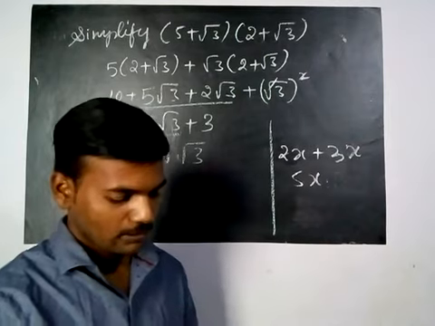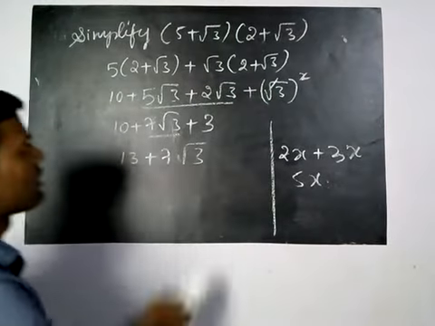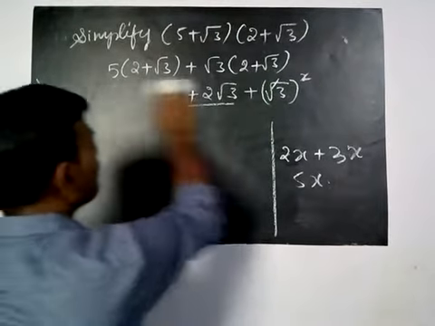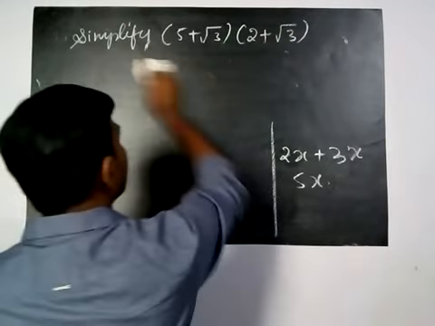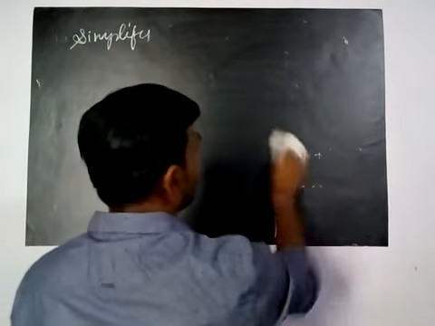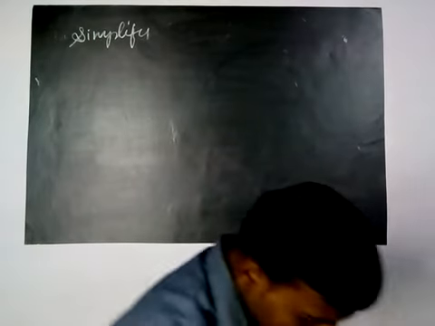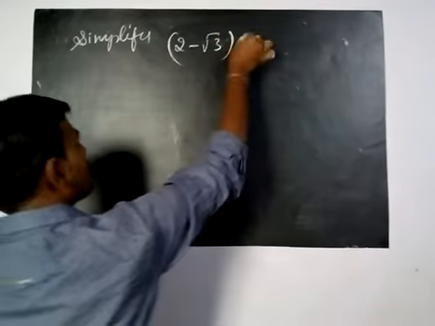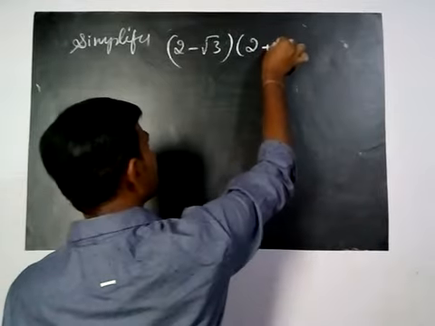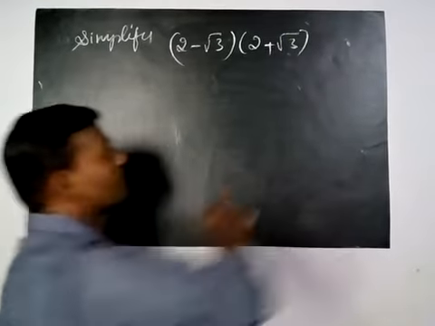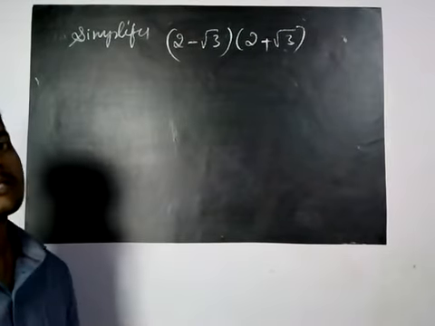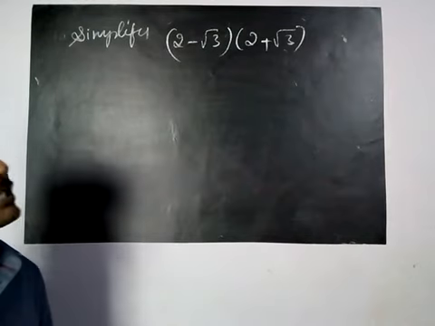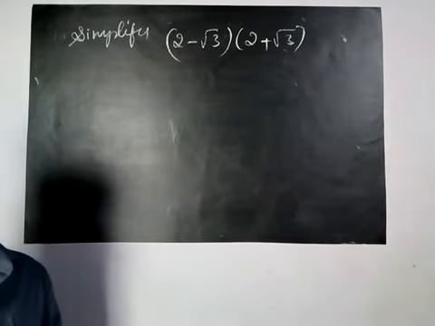Okay, and next, one more example. Simplify 2 minus root 3 into 2 plus root 3. So now it is in the form of a plus b into a minus b.